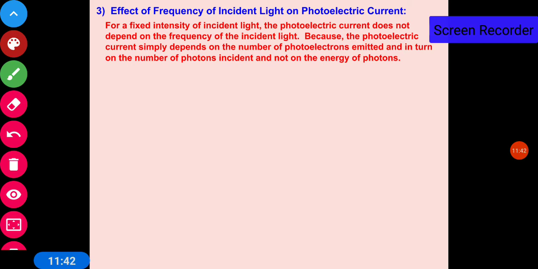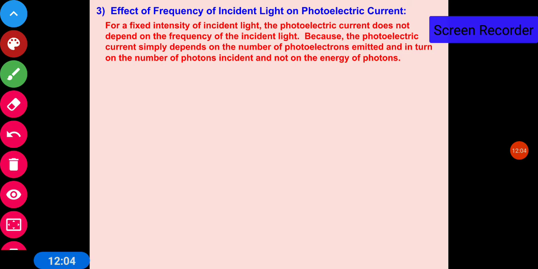For a fixed intensity of incident light, the photoelectric current does not depend upon the frequency of the incident light, because the photoelectric current simply depends upon the number of photoelectrons emitted, and in turn on the number of photons incident, and not on the energy of the photon.